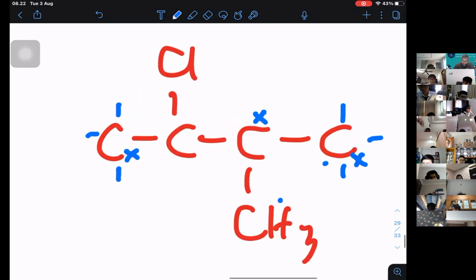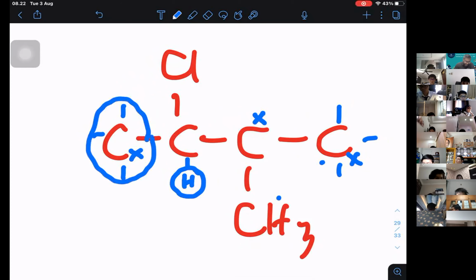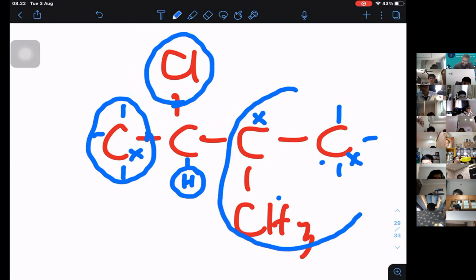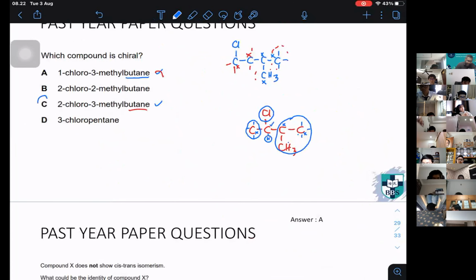So left with only one here. I know this is hydrogen, a different group. I know this is CH3, a different group. Cl is a different group. CCH3 is a different group. Because of that, this is a chiral center, and that is the reason why we selected C as our answer. You do the same thing for B and D.